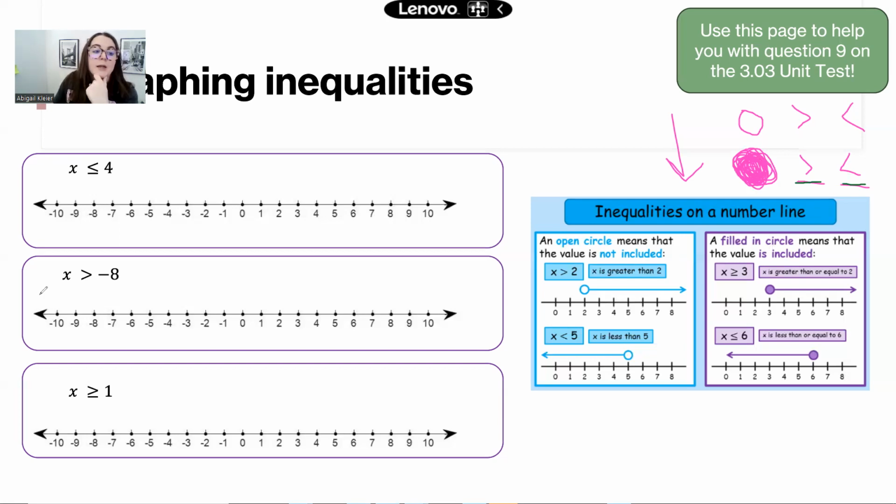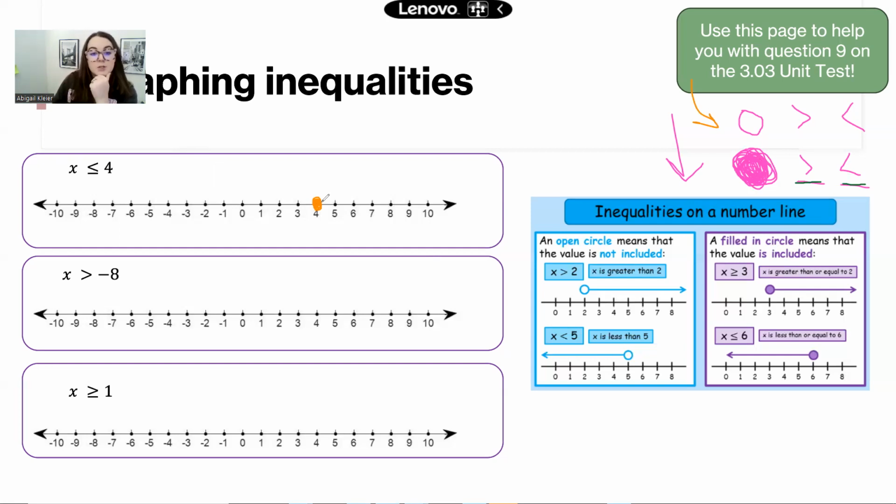So I'm going to go ahead and start graphing. The first one that we have is x is less than or equal to 4. So I'm going to find 4 on my number line, and I am going to do a closed circle. Again, because I have the symbol that has the line underneath it, going back to my graphic over here, if it has that equal sign, it does include the number.